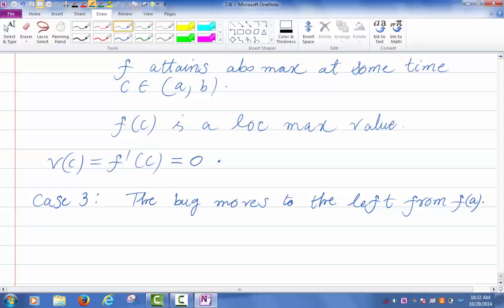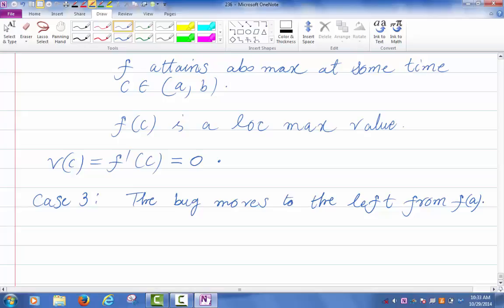The least position of the bug as it moves to the left from f of a. You can think of that there is a least position of the bug, right? It achieves the least position before it comes back to f of a, right? Remember, it has to come back to f of a at time b. So if it starts to move to the left, it has to come back to the same position. So it achieves a smallest position.